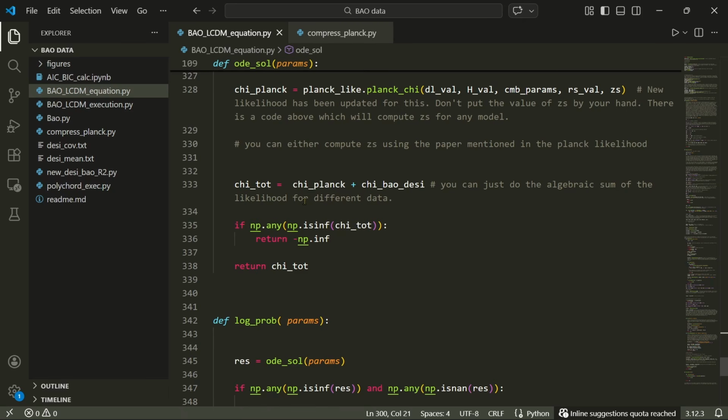There is something called the chi-square likelihood calculation. You have a model, they will vary your parameters, and from there they want to find out the probability for which you are going to get the best result. The probability of getting the best result has to be maximum, right? So they will vary your parameters in some particular ranges and calculate the probability.